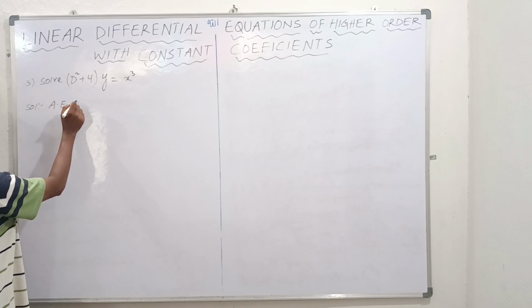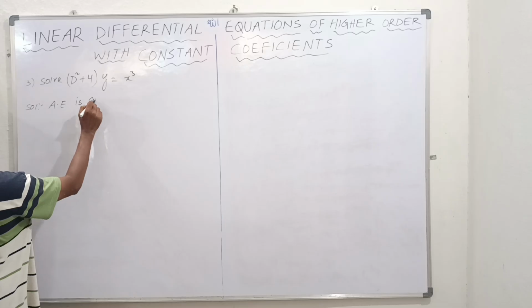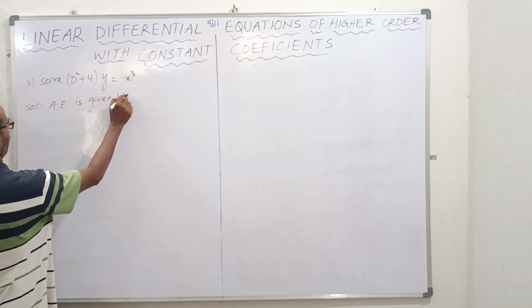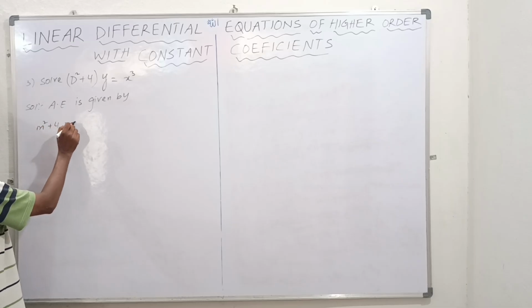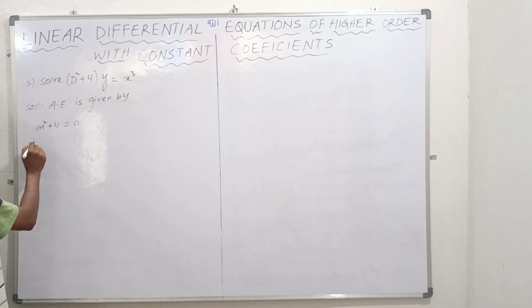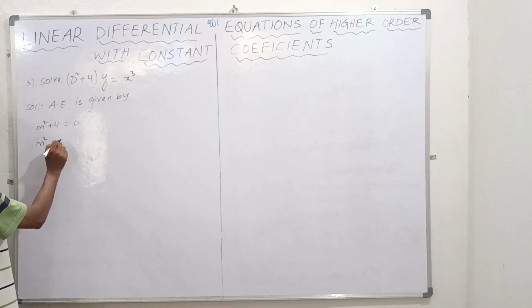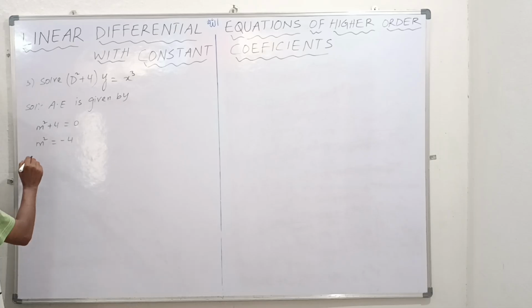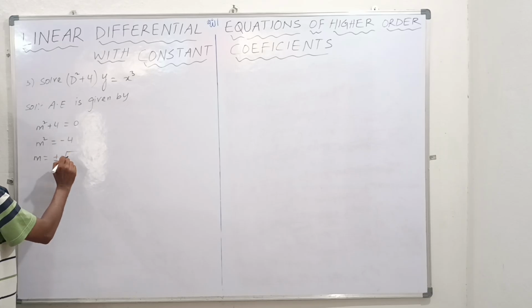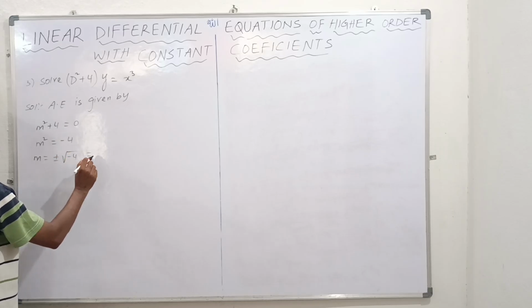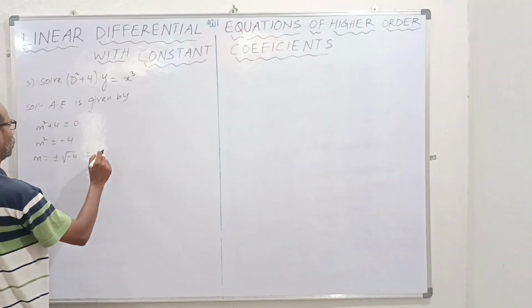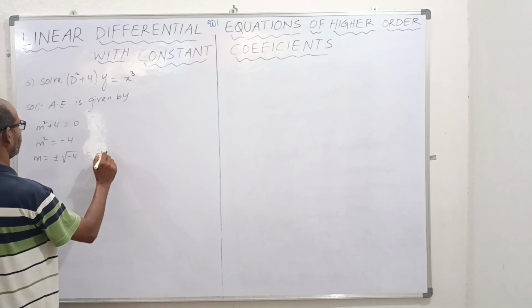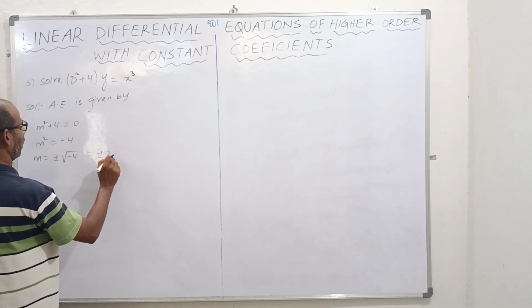The auxiliary equation is given by m square plus 4 is equals to 0, m square is equals to minus 4. M is equals to plus or minus square root of minus 4, that is plus or minus square root of minus 1 is i, and square root of 4 is 2, so plus or minus 2i.